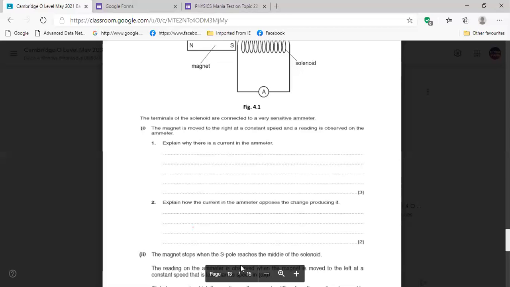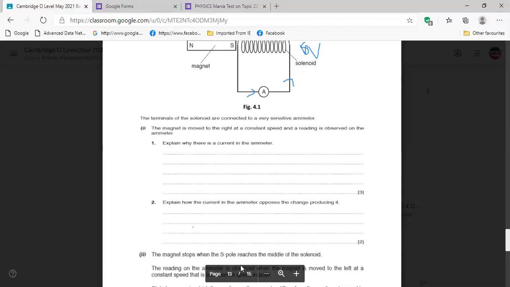Okay, so the ammeter is producing a tiny bit of current. Ammeter is showing you the current, not producing it. The flow of the current is like this, for which S pole comes here. You do not need to show the flow of current here.